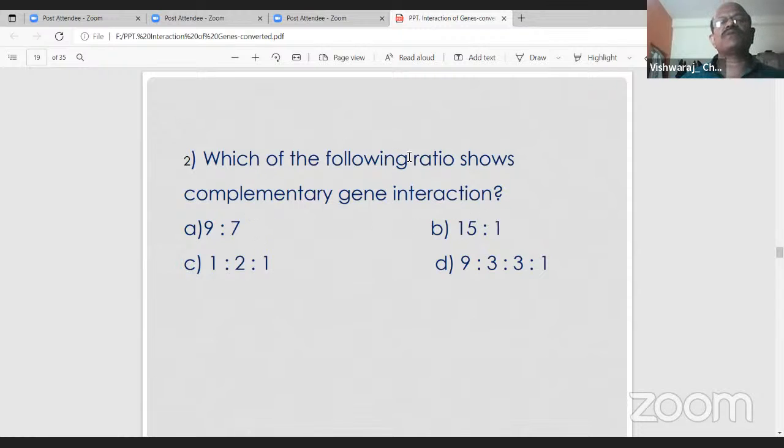Very easy question, we have seen complementary and supplementary genes. Which of the following ratios shows complementary gene interaction? Option A, 9:7; B, 15:1; C, 1:2:1; and D, 9:3:1. From these four, one is the correct option.